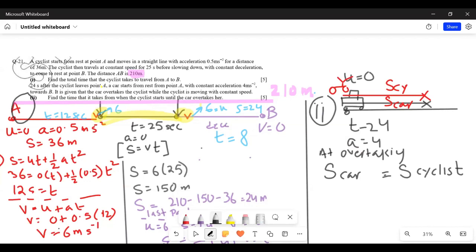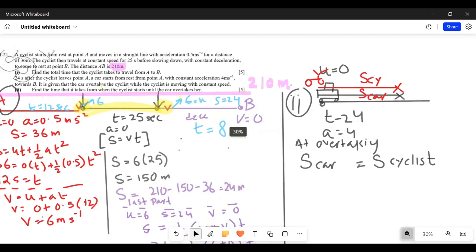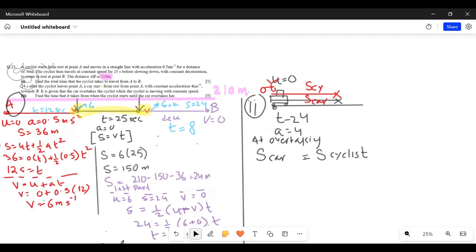What is the distance covered by the cyclist? We know the U, we know the A, and we know the expression for T. So we can find the expression for S from here. S of the car, for car, S could be UT plus half AT square.